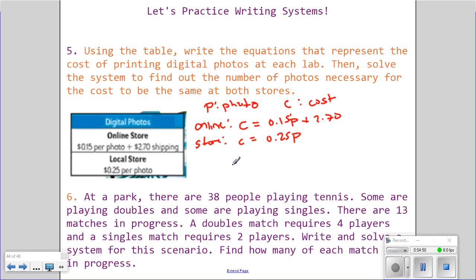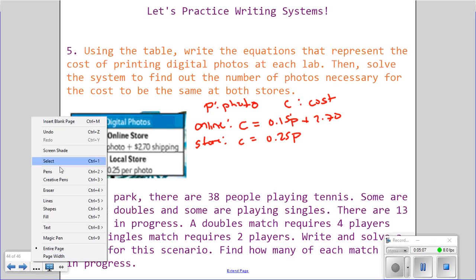Now to solve the system you could solve it using substitution, you could solve it using matrices, you could solve it using elimination. There's various ways of solving this system. I'm going to use substitution.